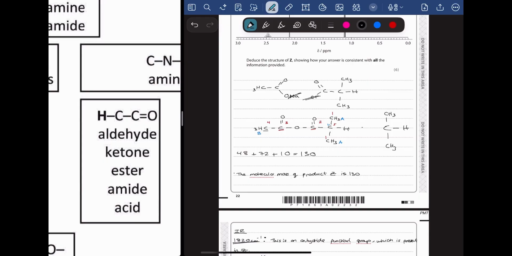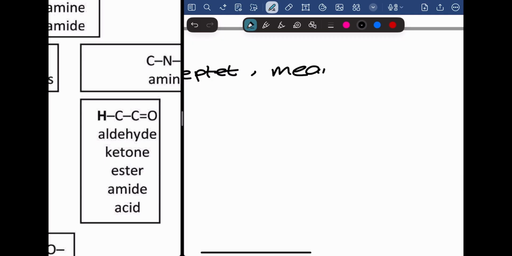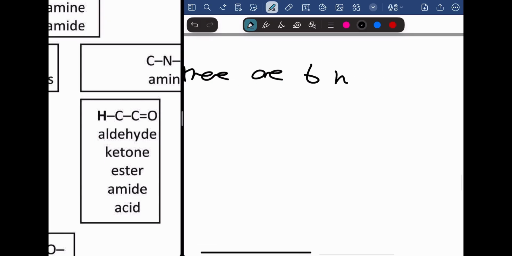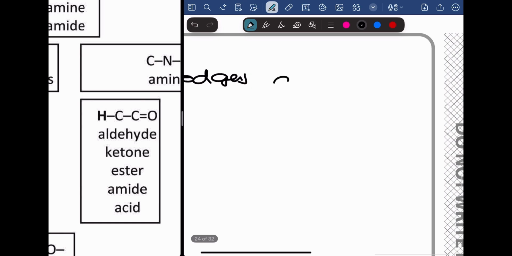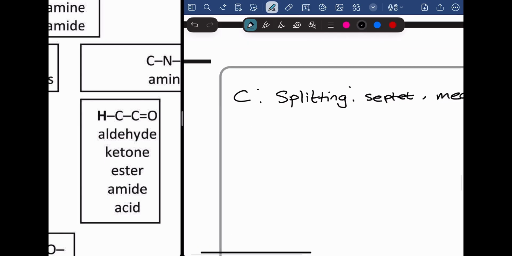But then, using your common sense, you would figure that it's to do with the hydrogens being in the same environment, okay? So I'll get onto that. So septet, meaning there are 6 hydrogens attached in total, say.